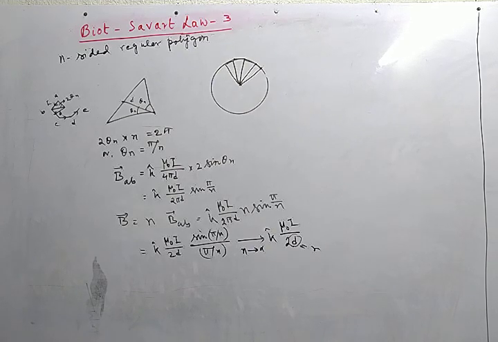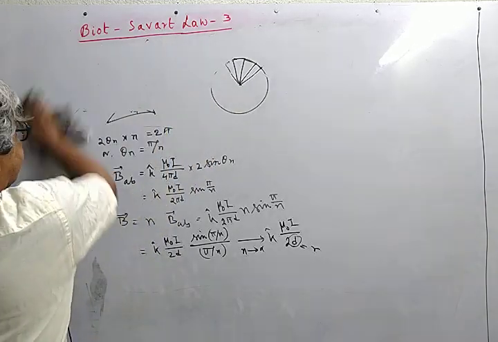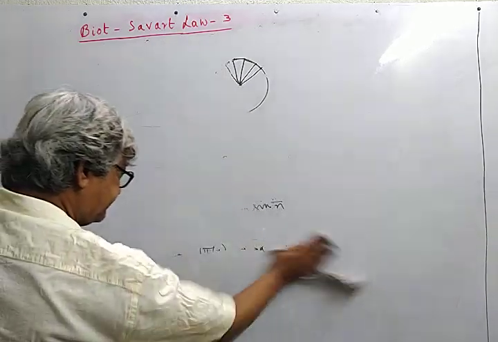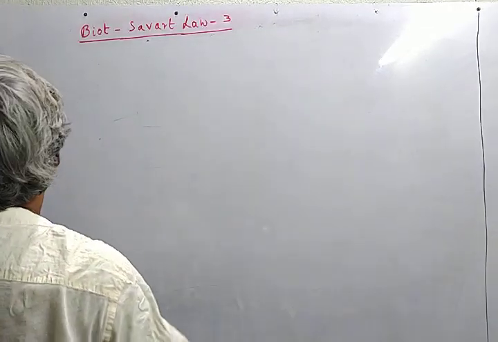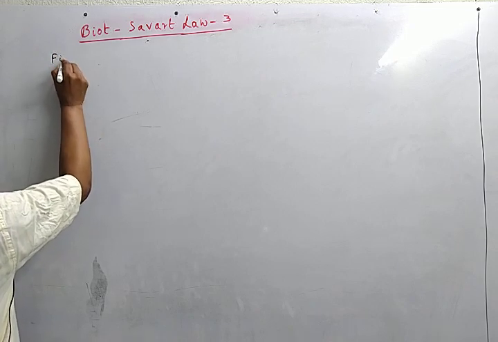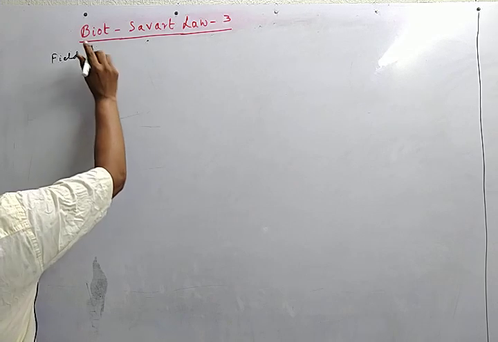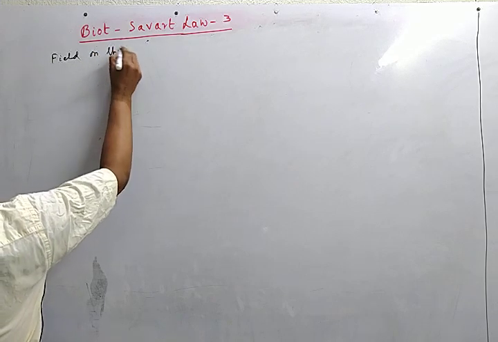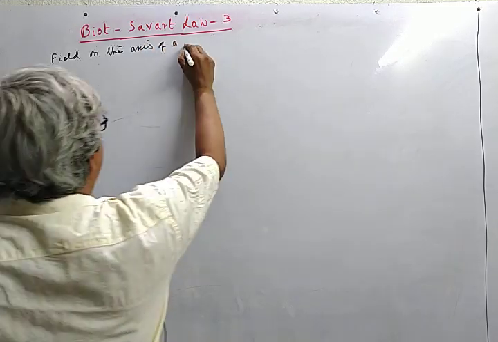So the geometry is this. Field on the axis of a square loop.